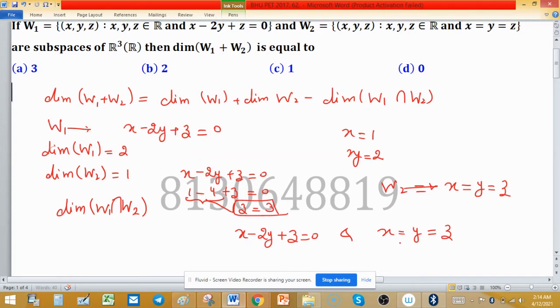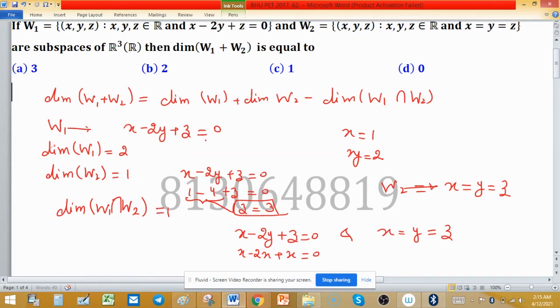If x equal to y equal to z, put in x minus 2x plus x equal to 0, which is 2x minus 2x, which is 0. This condition is also true, so if you have the value of either x, y or z, you are independent at a single choice. So the dimension of the intersection is also 1.